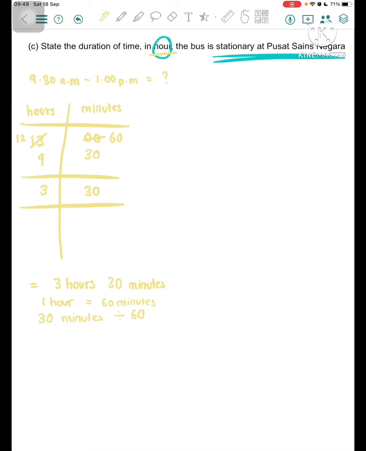Okay, 30 minutes divided by 60 is equal to 0.5 hour. And then add with the 3 hours. It's equal to 3.5 hour. So this is the answer of the duration of time in hour the bus is stationary at Pusat Sains Negara.